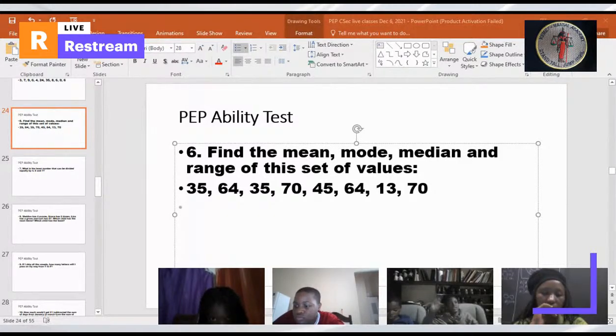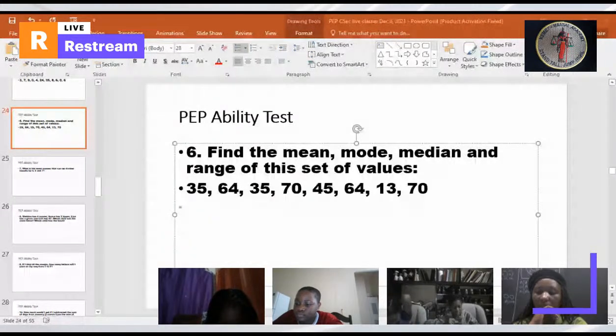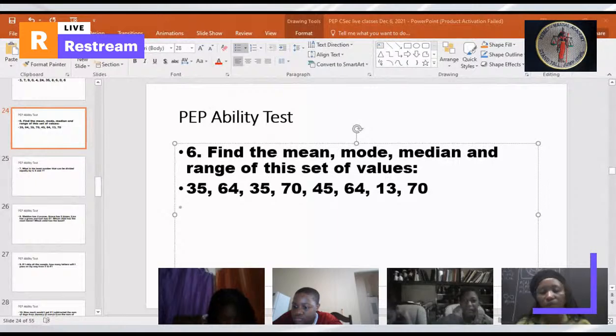Miss, what I got was 54 and a half. Correct, I got 54 and a half. So which 2 numbers fell in the middle?